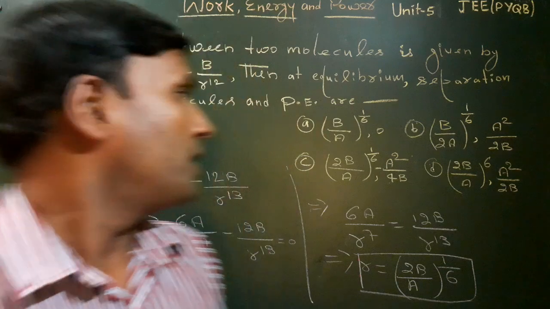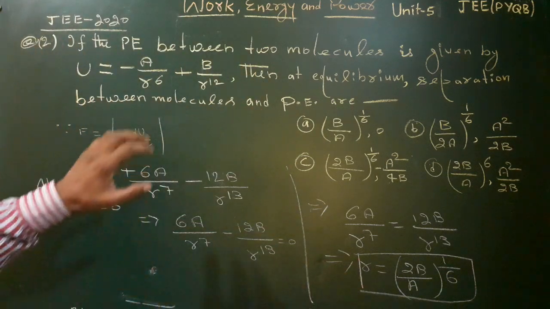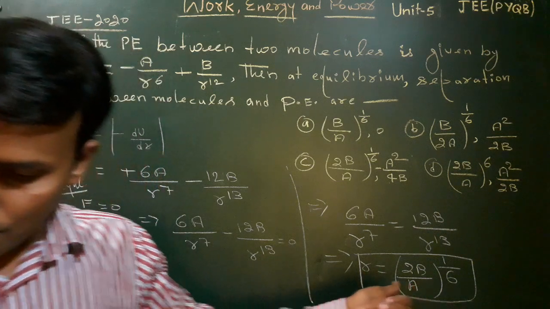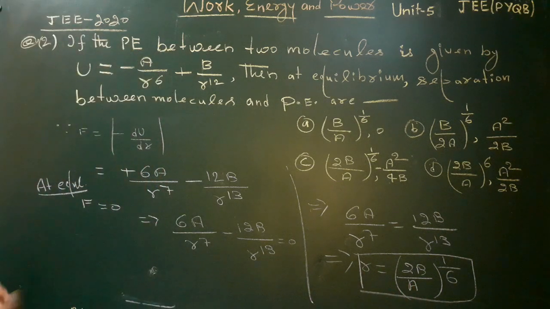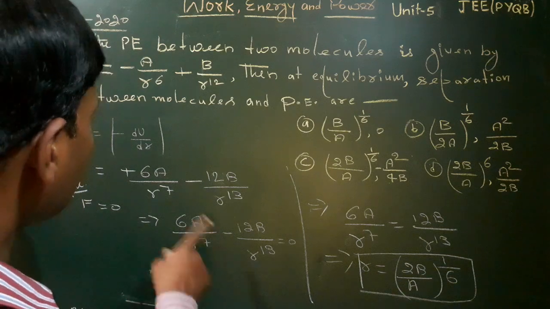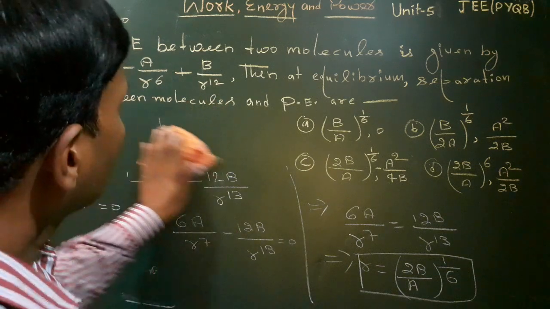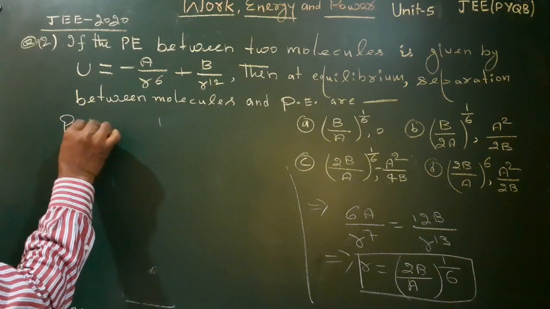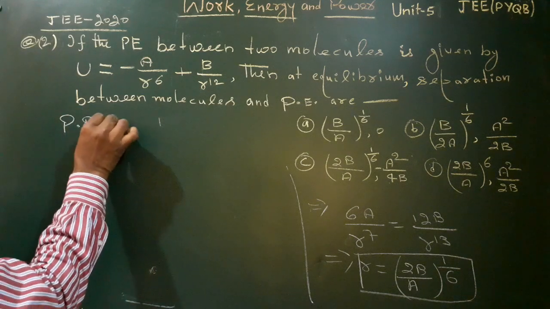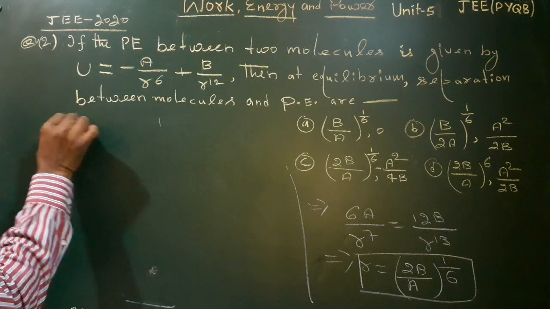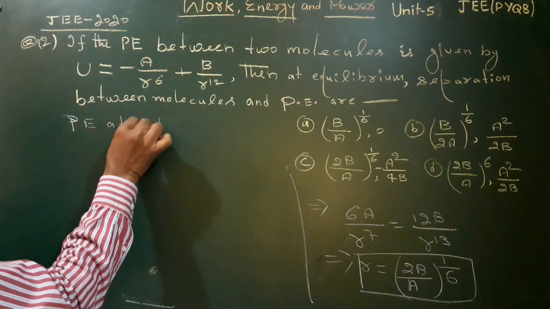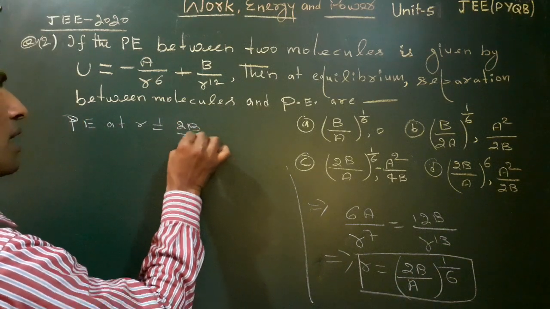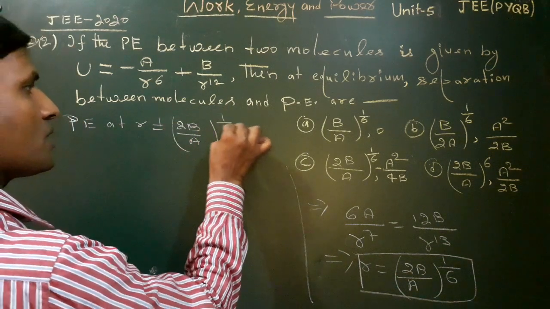Now at this value of R at equilibrium we need to calculate the potential energy. So see, the potential energy, how we can do it. The potential energy at R equal to (2B by A) to the power 1 by 6.